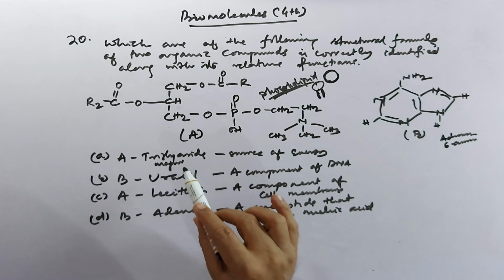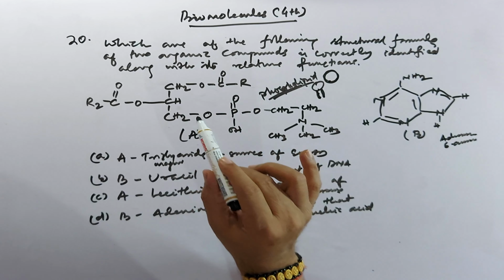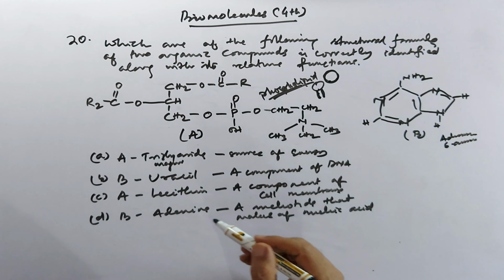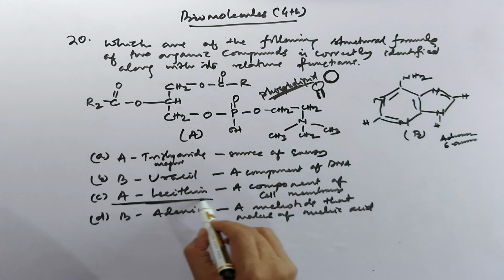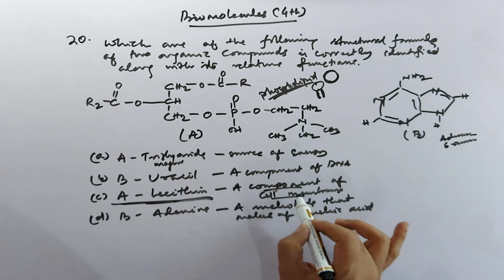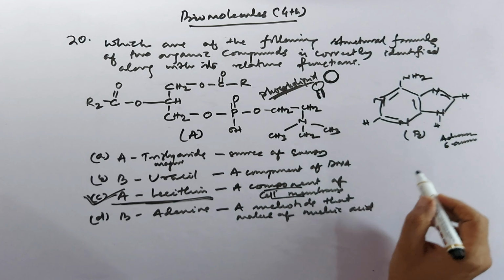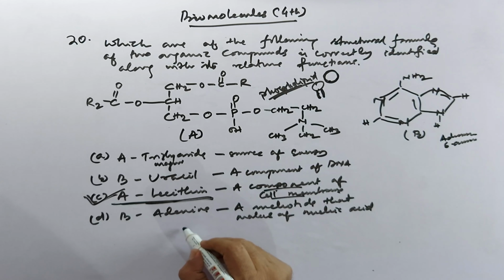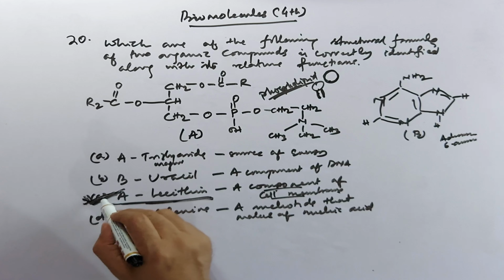Here triglycerides are not there, only two fatty acids are there, so this is rejected. Uracil structure B is rejected. Lecithin is a phospholipid and a component of the cell membrane, so this is the correct one. B is adenine, but it is not a nucleotide structure, only the nitrogenous base, so this is also rejected. So this option is correct.